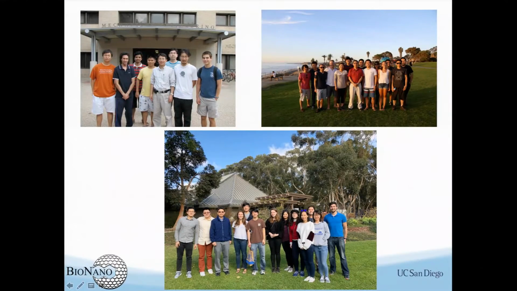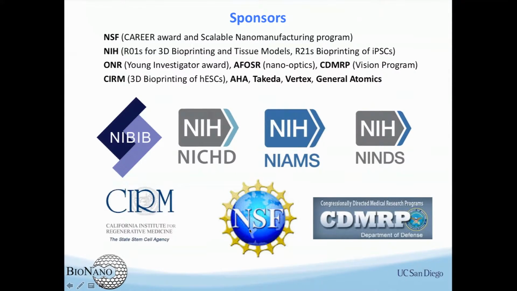These are when we were in Texas and here in San Diego, and we were heavily funded by many government agencies. At this moment, I have 3 NIH grants. Usually, for engineering faculty, this is quite significant. If you can get 1 or 2, that's already great. And we're lucky to have many of them.